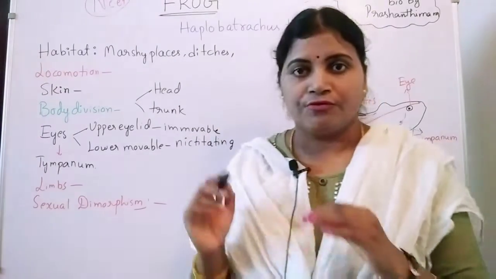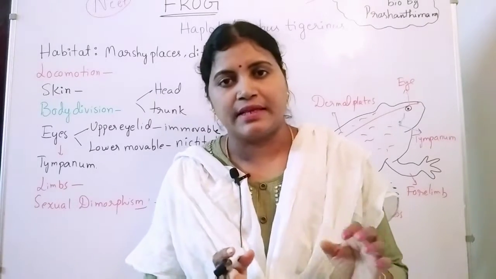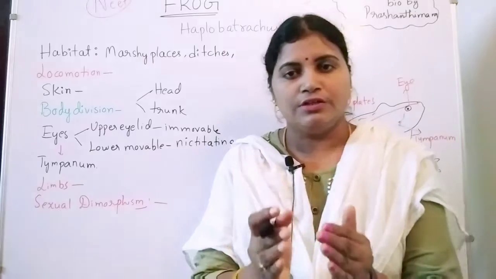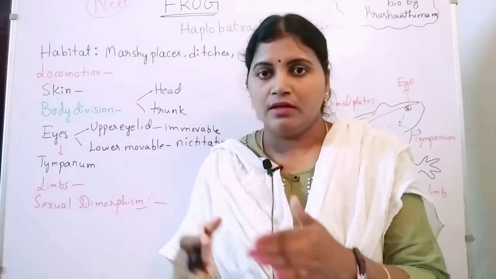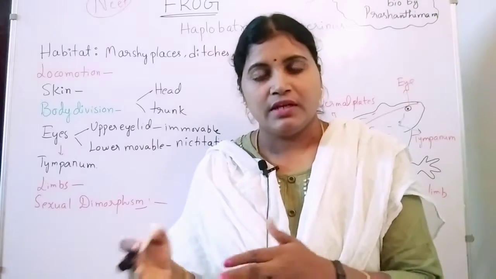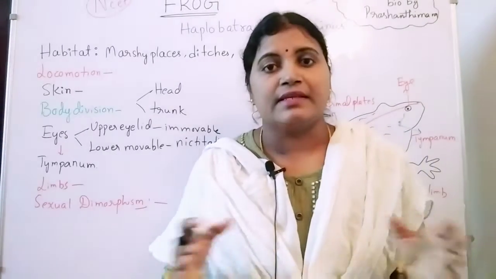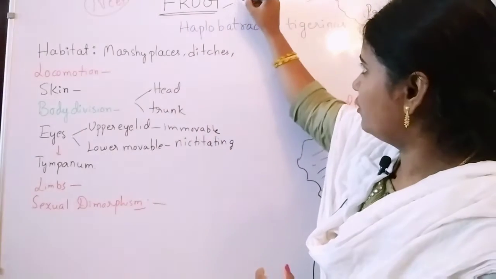So here frog itself is an amphibian. Why are we calling frog an amphibian? Because it leads a life in two places: it can live in water, and it can also live on land. That's why it is an amphibian. What is the meaning of amphibian? Dual mode of life.